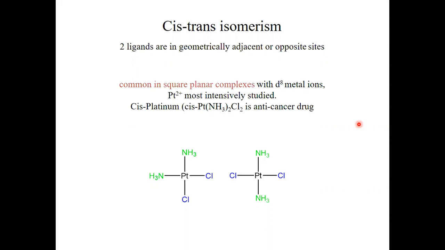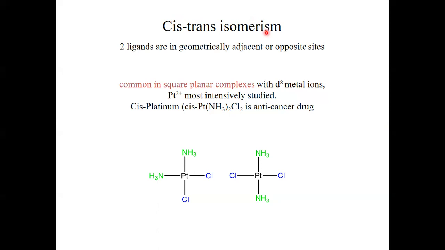So in the following, I would like to discuss different forms of stereoisomerism, considering whether this stereoisomerism is a form of enantiomerism or a form of diastereomerism. A very common form of stereoisomerism is cis-trans isomerism.